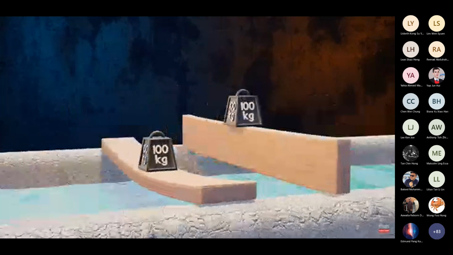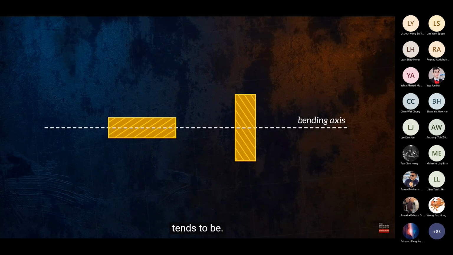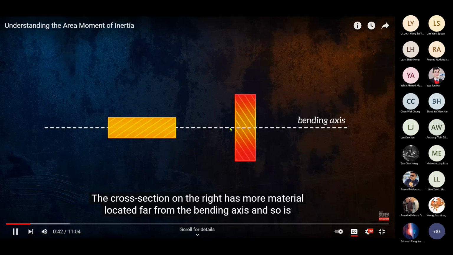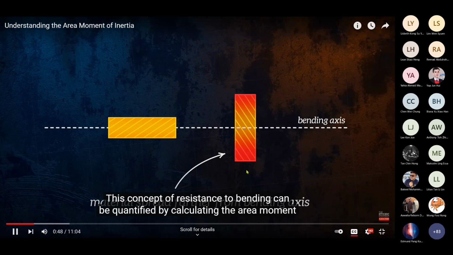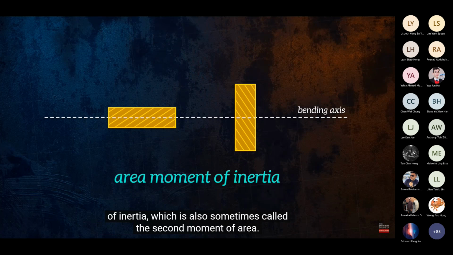The further the material is spread from the bending axis, the stiffer a cross section tends to be. The cross section on the right has more material located far from the bending axis, and so is better at resisting bending, even though both cross sections have the same area. This concept of resistance to bending can be quantified by calculating the area moment of inertia, which is also sometimes called the second moment of area.